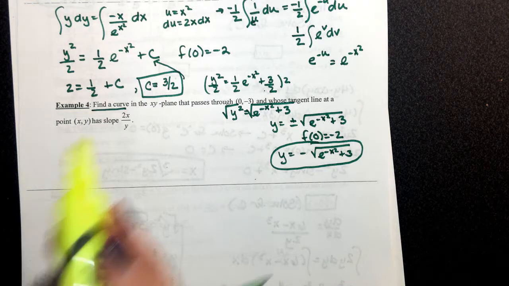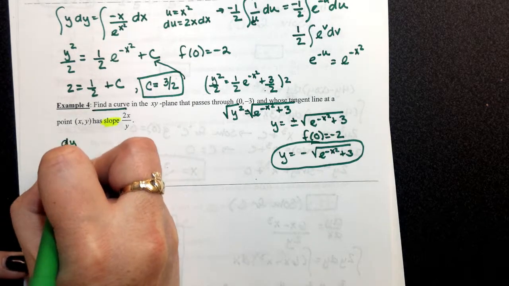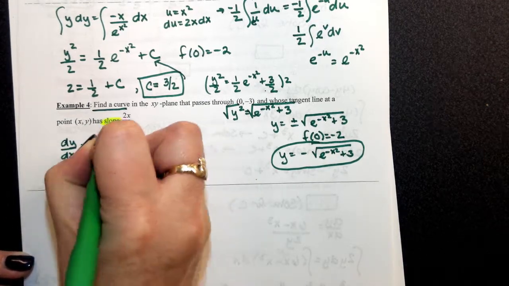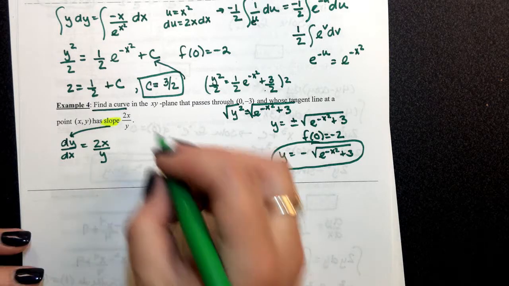Well, when they tell you slope, what are they actually giving you? They're giving you what? The derivative. So I know that my dy dx is equal to 2x over y. So I know my slope. What do you think that point 0, negative 3 is? That 0, negative 3 we're going to treat as our what? Initial condition, the initial value.